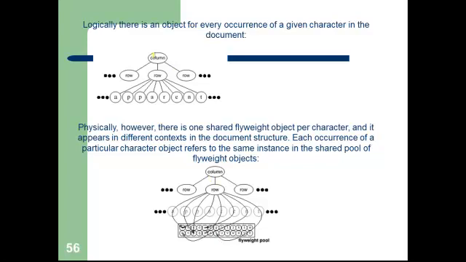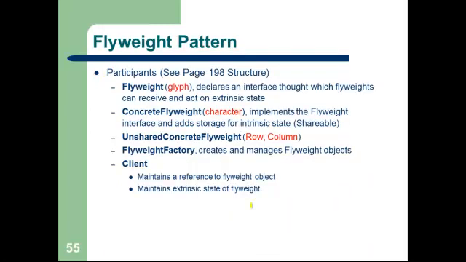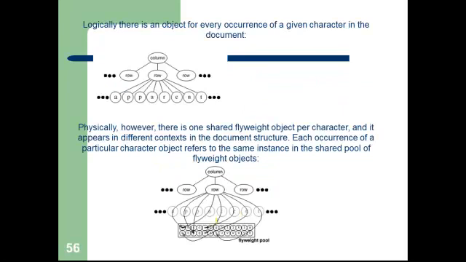For example, let's look at this column and row idea, which is, by the way, stated here in this diagram. We have a glyph, we have a row, we have a column, and we have the actual character. We have this intersect method to know where the character actually exists on the page. And then the row needs all of these letters, A, P, P, A. P is repeated twice.